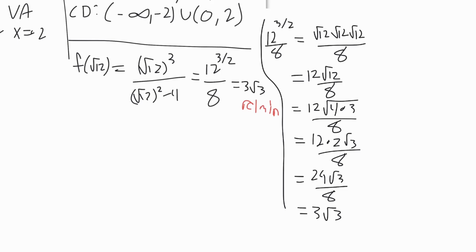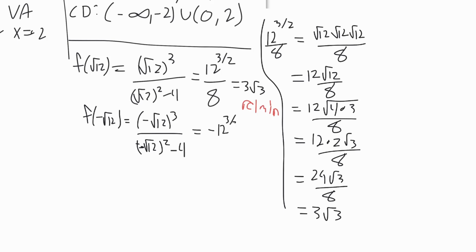Now let's go ahead and find f of a negative root 12. Well, that'll give us negative root 12 cubed over negative root 12 squared minus 4, which will be negative 12 to the 3 over 2.